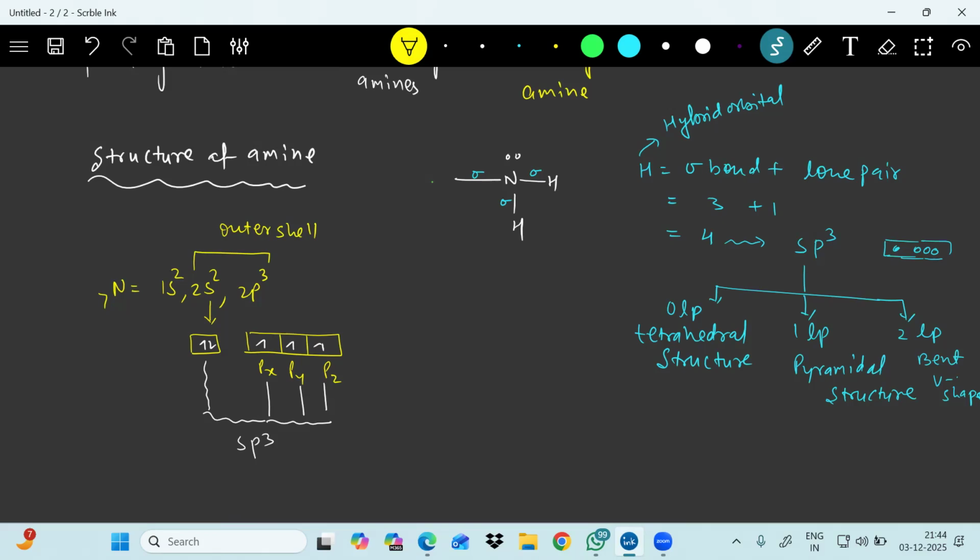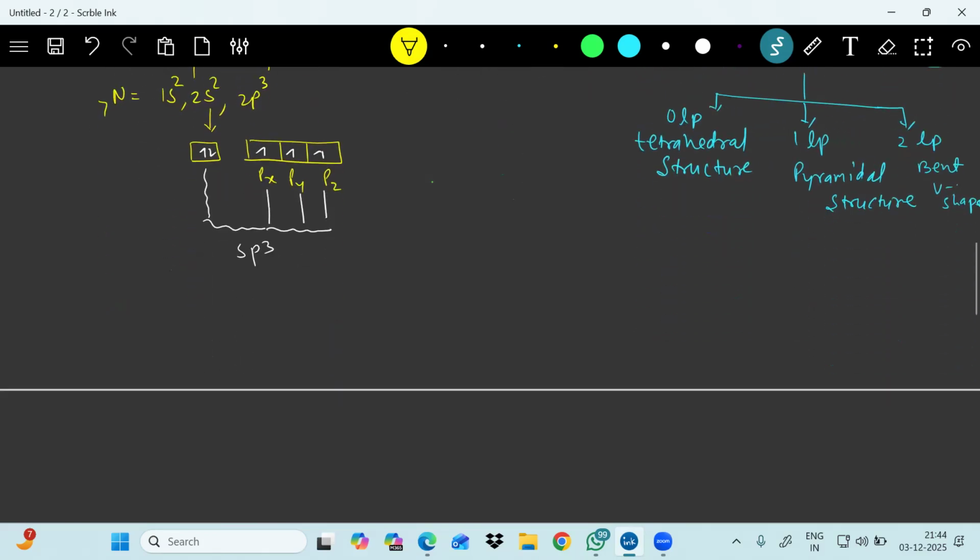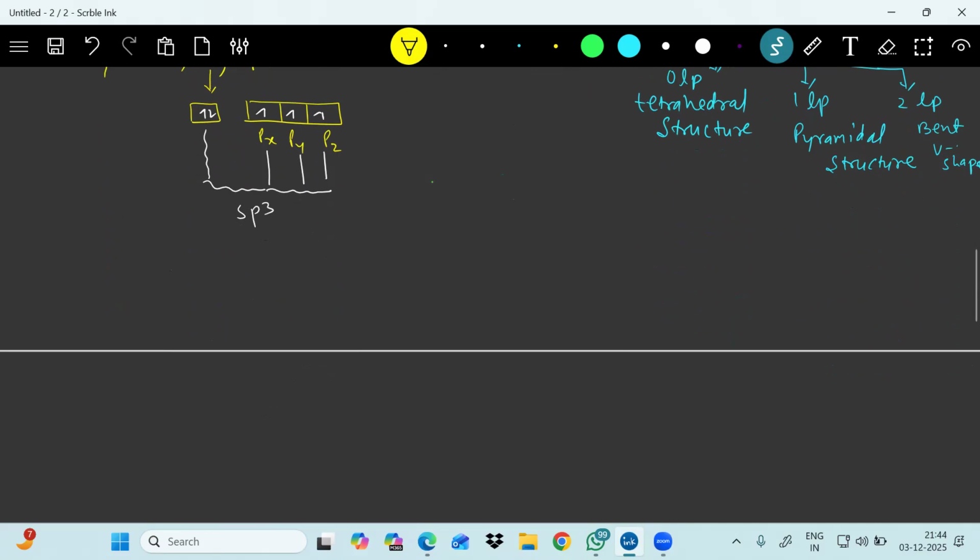Suppose carbon is there, with four bonds, one, two, three, four, and there is no lone pair. So you can say its structure is tetrahedral.